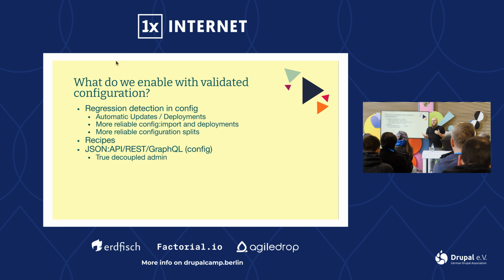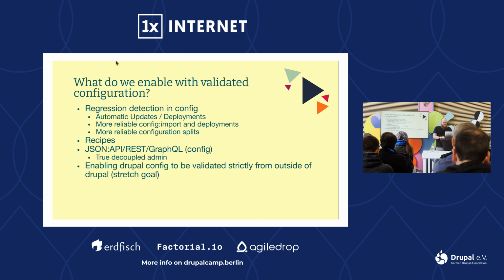Experience Builder cannot be a complete admin interface without also being able to change the site name or what node the homepage is or any of the other things that we do with configuration.